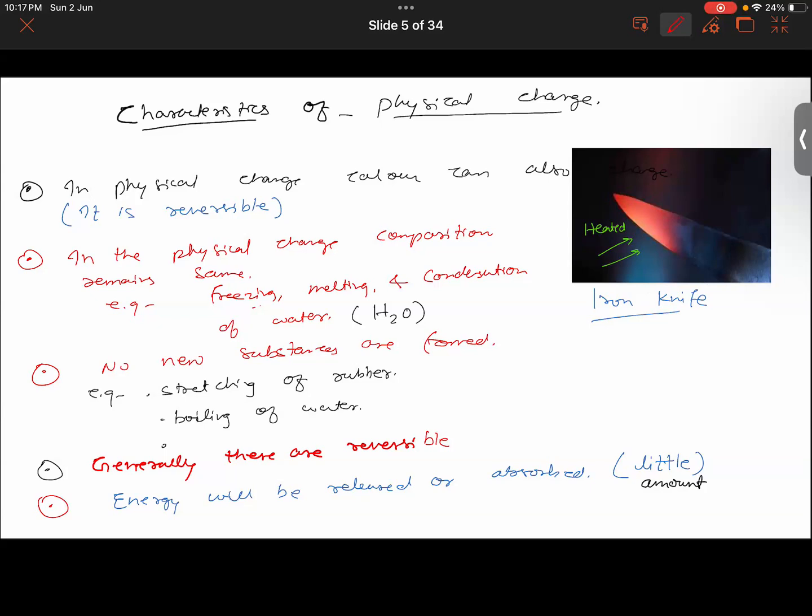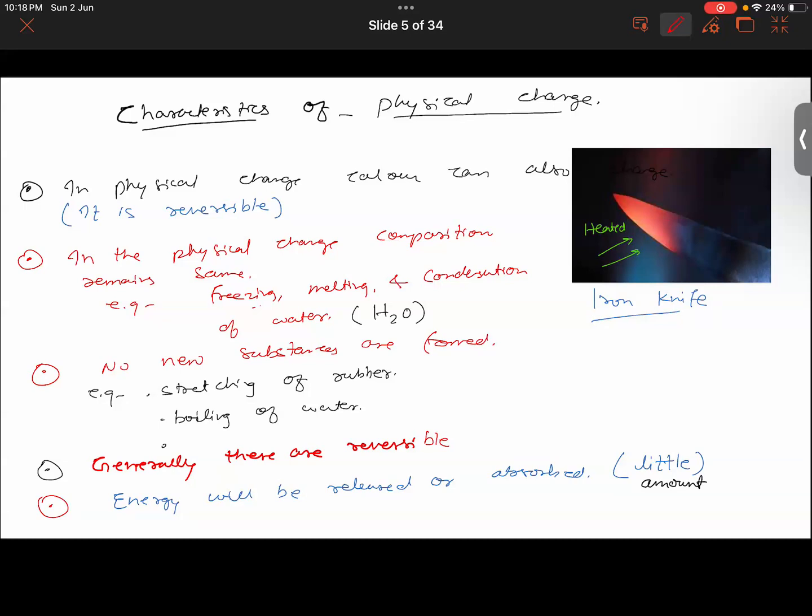Apart from this, you guys give some examples of reversible physical changes, apart from the ones which I gave you. Can you think of some other examples? Apart from the common examples which we had, think of some others.